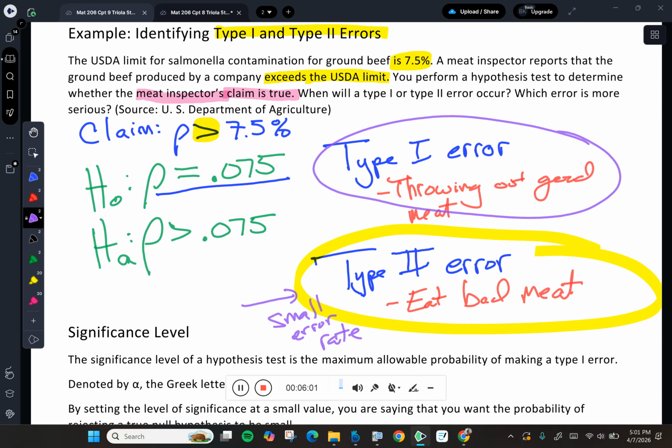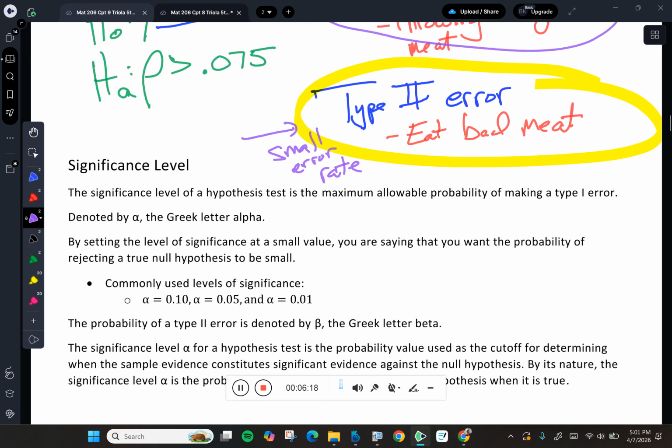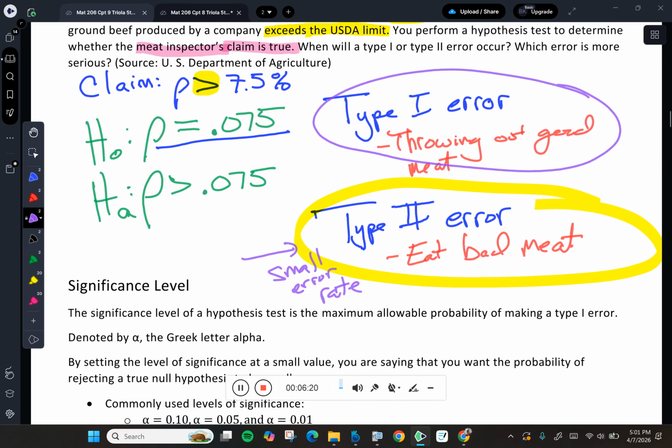But again, if type 1 is we happen to throw out some good meat, and type 2 is we're eating bad meat, I'd rather risk throwing out some good meat to reduce the amount of times I eat bad meat. Okay? All right, so that's what type 1 and type 2 errors are. There is no way to say which one's the worst one.